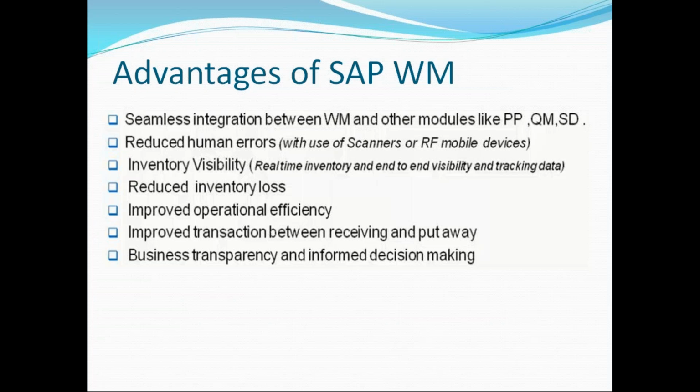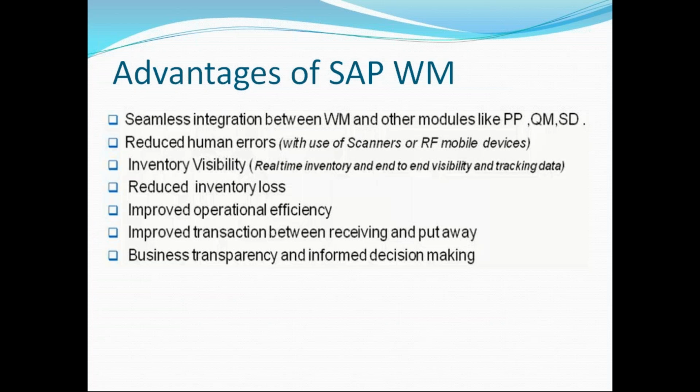So improved transaction in the sense that whenever any goods receipt happens on the SAP MM side, it will have the information that this much material is coming into your warehouse management system, and the system can arrange the warehouse in such a way that it can have improved transactions in the put away process, so that it can allocate the optimized bin and the optimized route for keeping the particular material in the storage location.